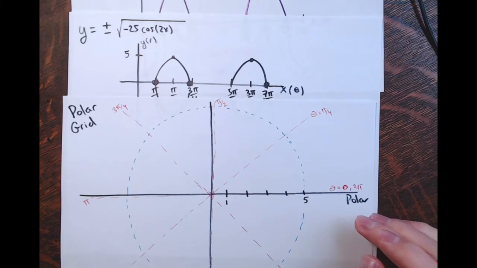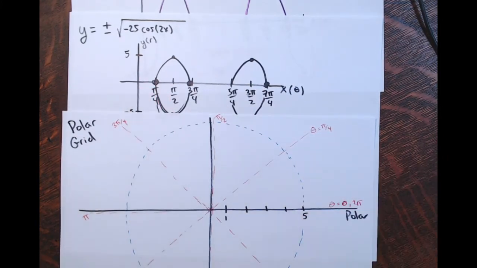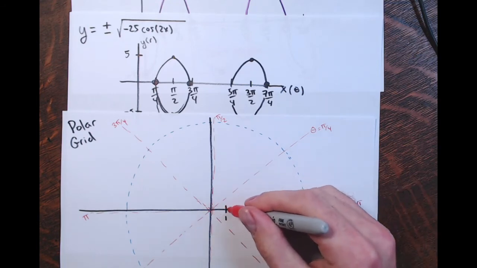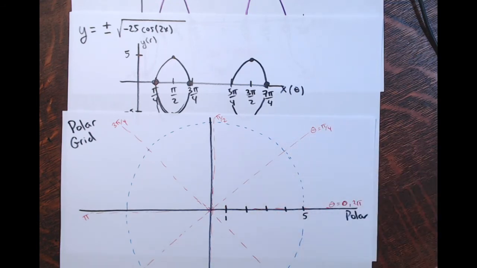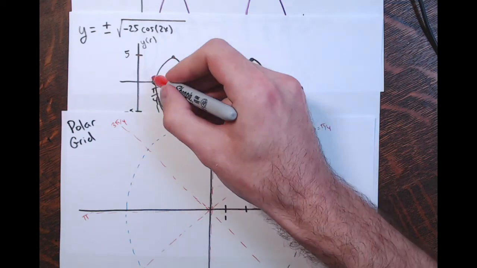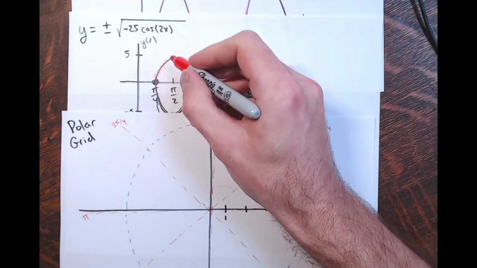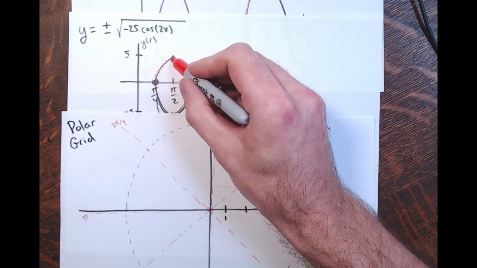Okay. Now, look at this graph of the square root thing. So you see from 0 to pi over 4, between this line here and this line there, there's no graph. Now between pi over 4 and pi over 2, I'm looking at this part of the picture, going from r equals 0 up to r equals 5.